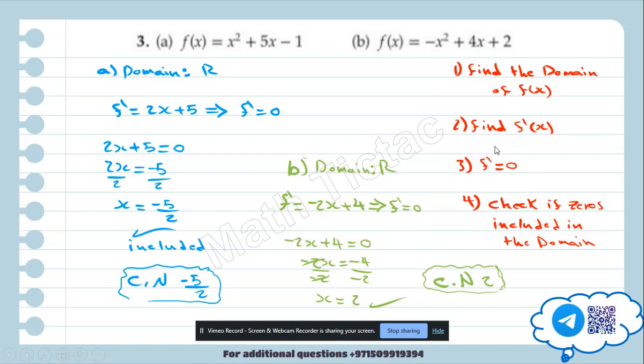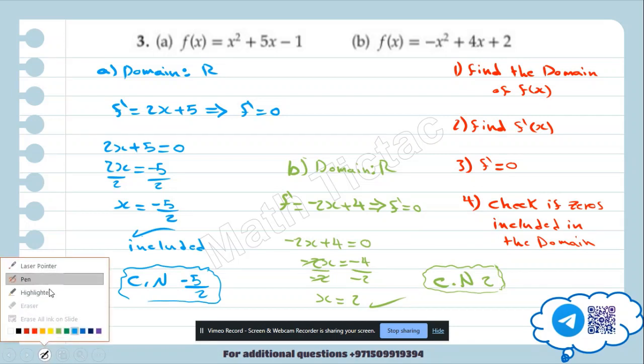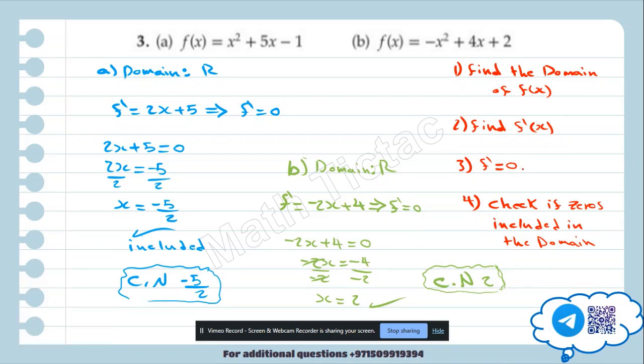In here, of course, I will add something, which is the undefined values, and the zeros. So that's it. You can find the solution for all the questions over here.